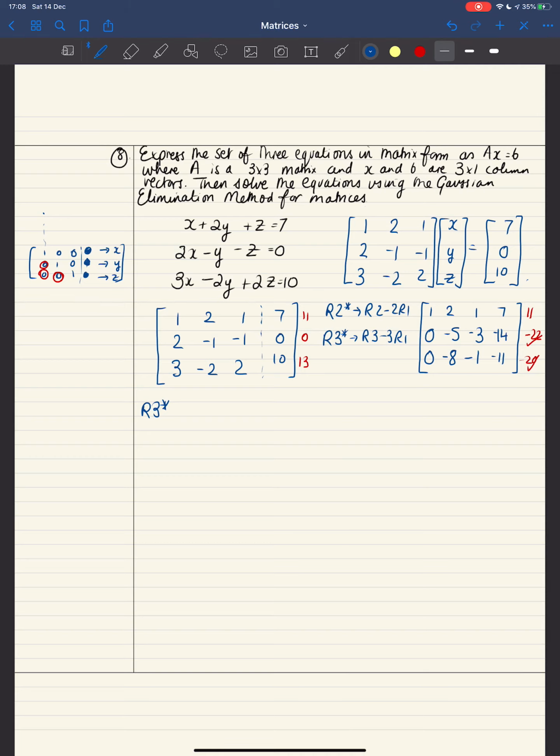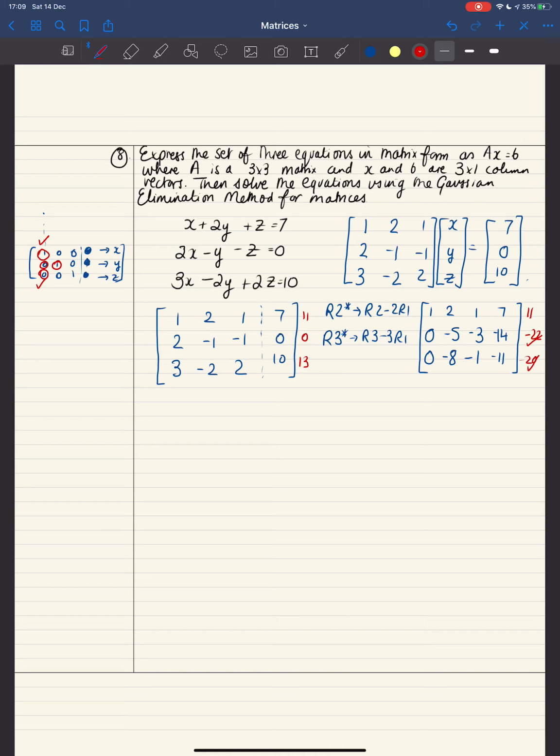Actually, before I do that, I could do it here with a bit of fractions and stuff, but it would be a bit messy. The next thing to aim for is a 1 there. We've got the 1, 0, 0 there, so that column's all right.